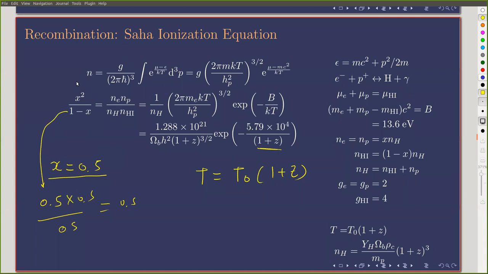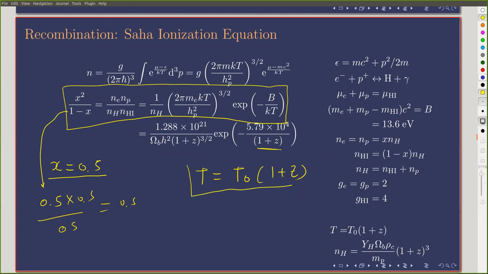Basically, what we have here is a very generic function, a general function which you can use for any case. This is for the ionization equation. Now we want to apply this to the expanding universe. In the expanding universe, the temperature is this function, and we want to calculate the approximate redshift when the reionization has reached halfway.